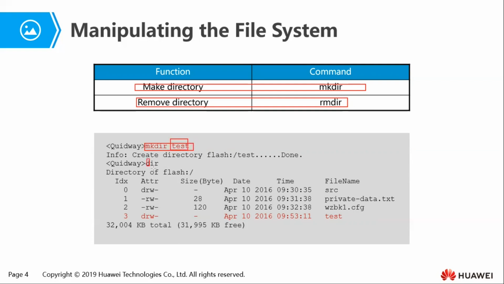Now, if we do the dir command, we should be able to see the directory that we've just created with the name test. So D for directory. The other thing, it does not have an extension, so it's a directory. So that's how we do it.